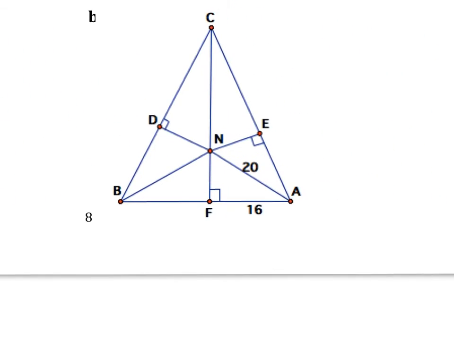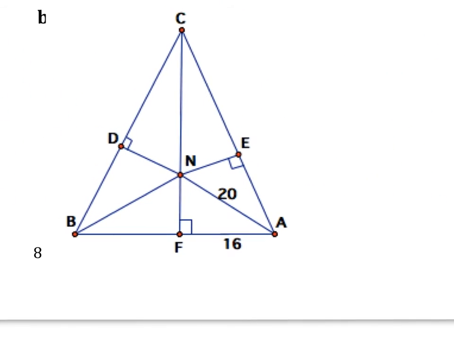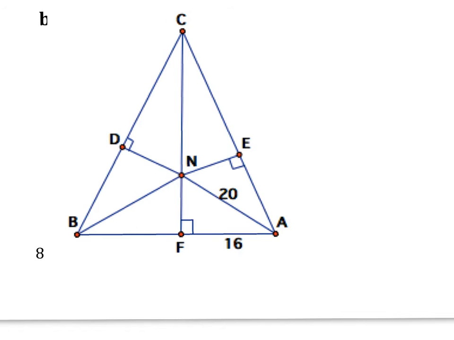Okay, so over here, can anyone tell me what EA is equal to? 16. There are two, no, let's see, so next, all right. So we need to figure out what NE is, and NE is equal to NF, which is equal to ND. How can we do that? Easy.